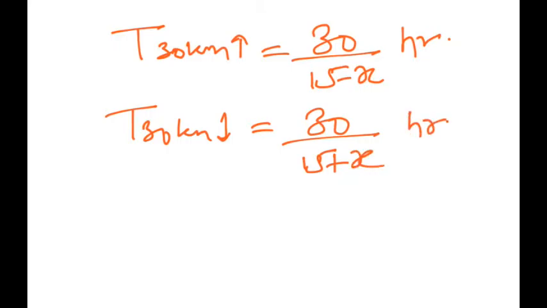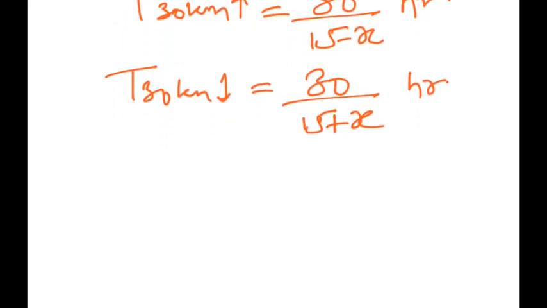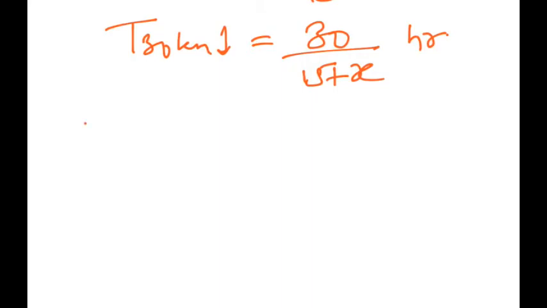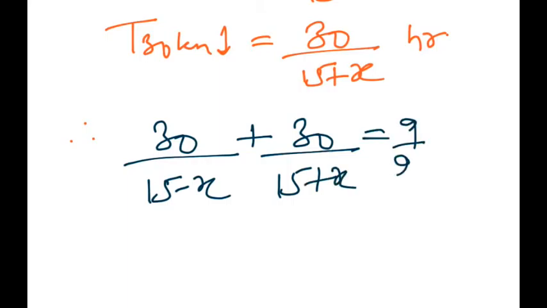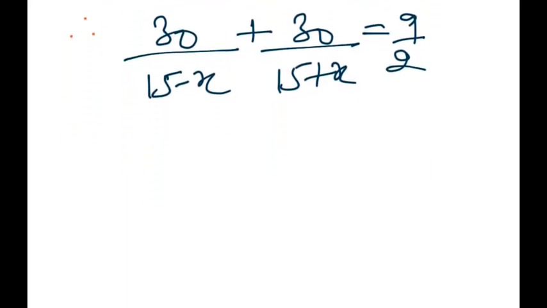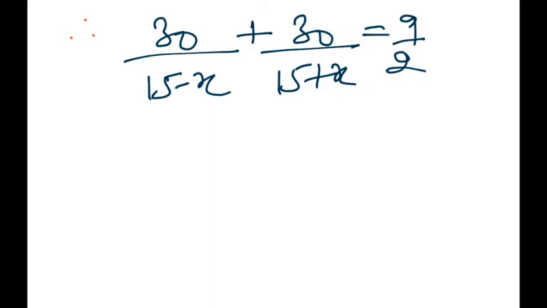Now it is given that the boat returns to the same point in 4 hours 30 minutes. So this is your main condition. Therefore 30 by 15 minus x plus 30 by 15 plus x equals 9 by 2. Okay, now I want you guys to solve this equation. I'll just write down the final answer. The speed of the stream is 5 km per hour.